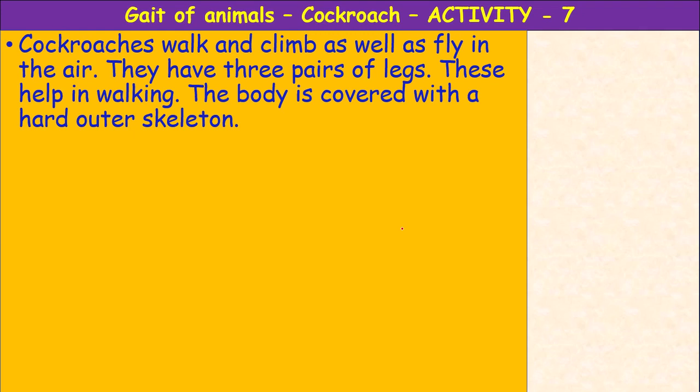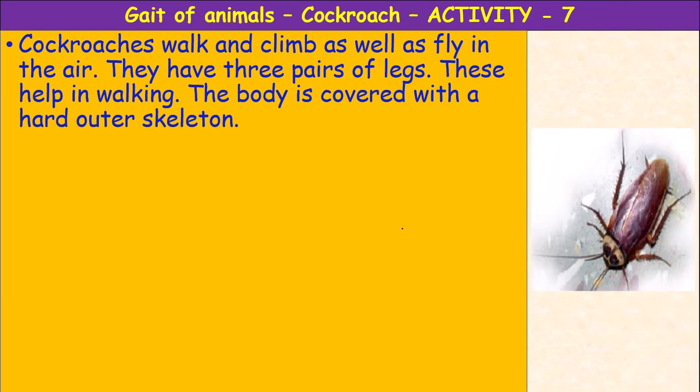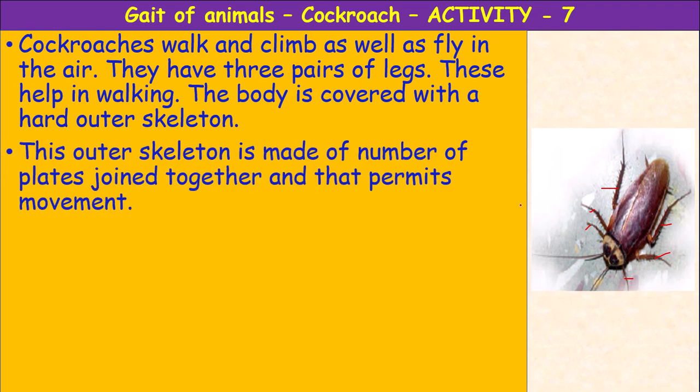The body is covered with a hard outer skeleton that is called cuticle. See, this is the cockroach. We will see 6. 1, 2, 3. 1, 2, 3. 3 pairs means 6 legs are present.